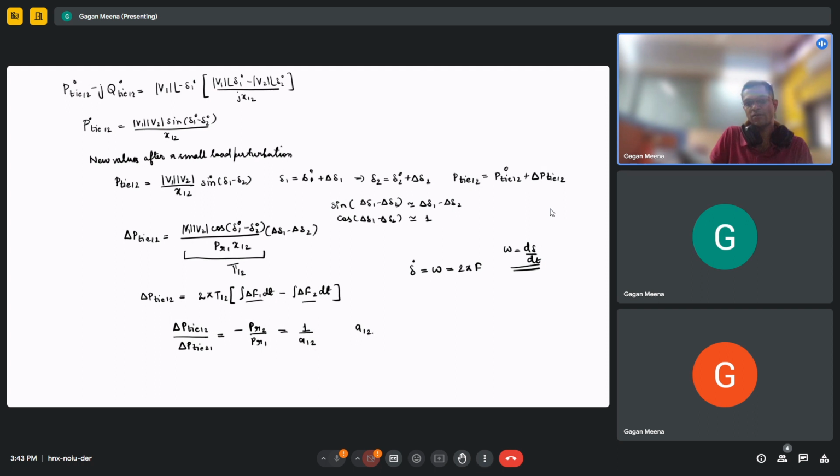So a12 is equal to minus Pr1 divided by Pr2. This we call the area capacity ratio. Pr1 is the capacity of the generator in area 1, and Pr2 is the capacity of the generator in area 2. So you can say delta P tie 21 is equal to a12 times delta P tie 12.